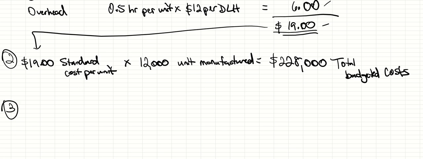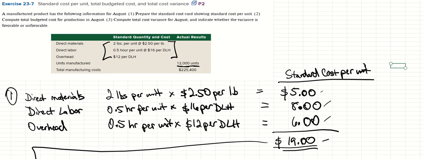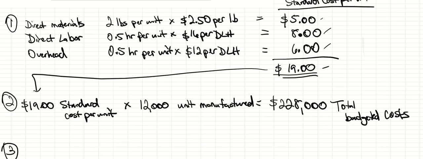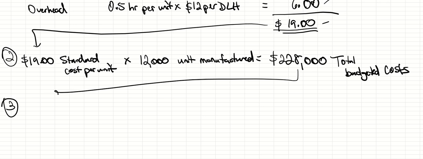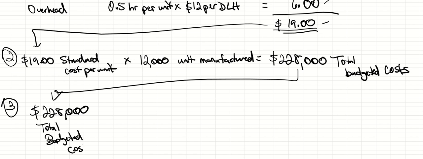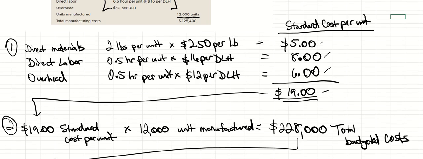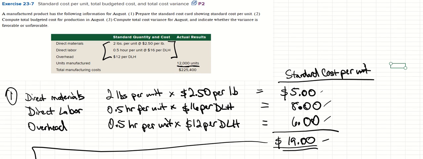And then for number 3, it says compute total cost variance for August. Okay, so in order for us to do that, we're going to now bring in this 228,000. Okay, this is our total budgeted cost. And we're going to subtract it from something to determine the comparison between what's budgeted and what actually occurred.